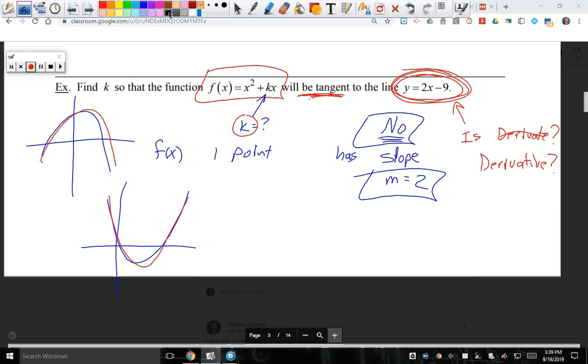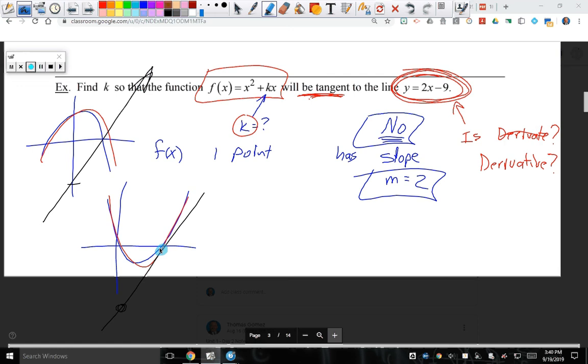So tangent means if I graphed -9 with the slope of 2, that one could work. You with me?